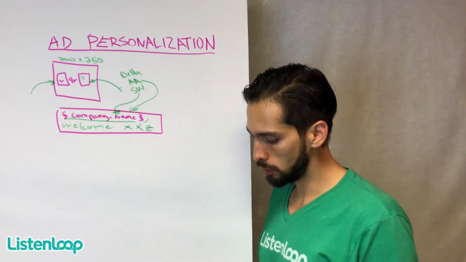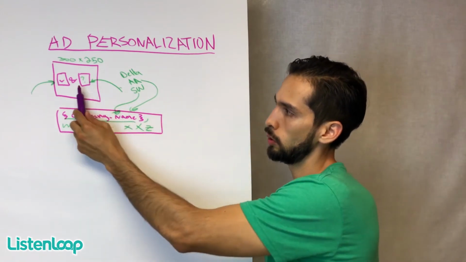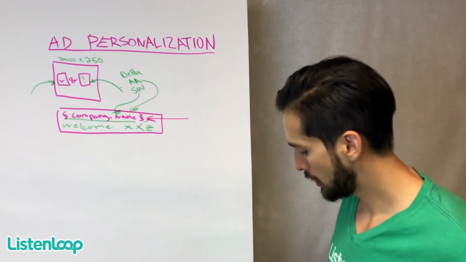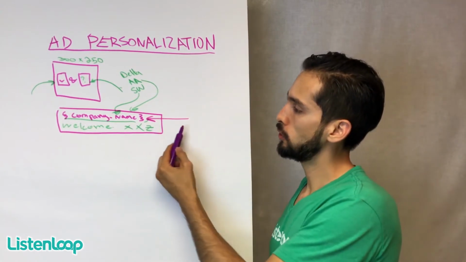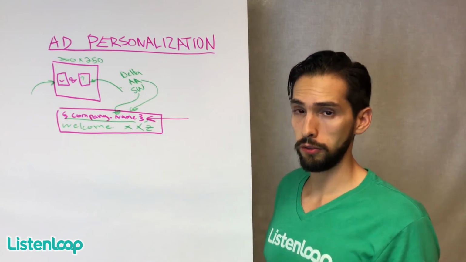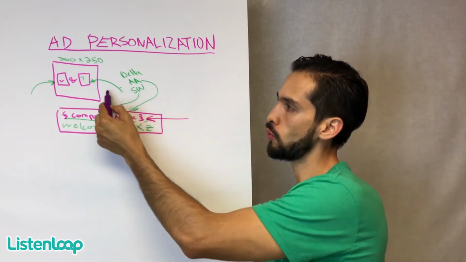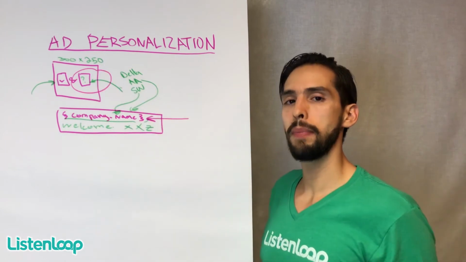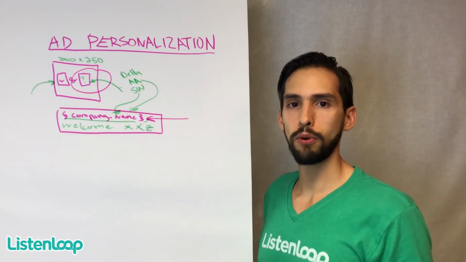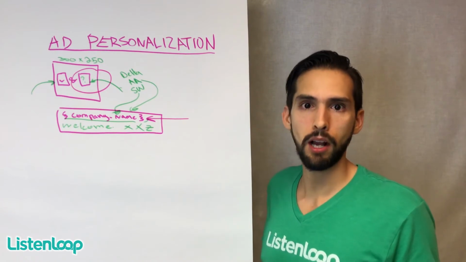Now, why did ListenLoop decide to use logos as opposed to tokens in the net new advertising product? Well, the answer is quite simple. After doing years of this approach where you can dynamically change text on the fly, what we found is that graphics perform a lot better in terms of catching the attention of an individual at an ad-supported publisher site, like CNN.com.